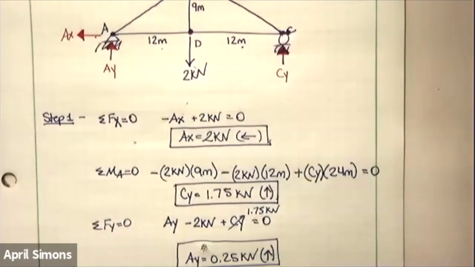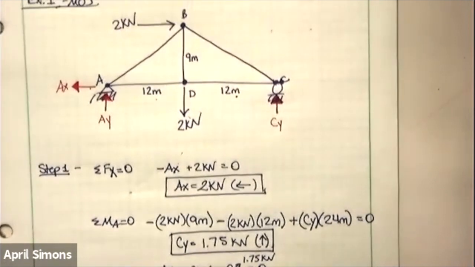Okay, step 2 is where we want to start looking at individual joints of the truss and drawing free body diagrams of those.